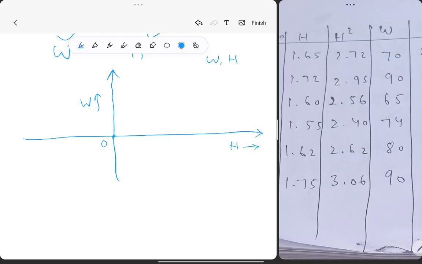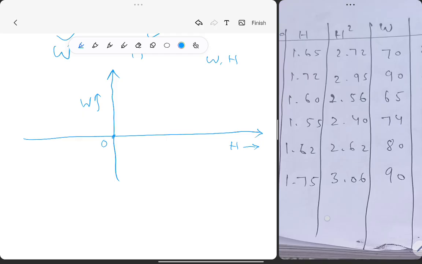So height is 1.65, its square is 2.72, and the weight of the person whose height is 1.65 is 70 kg. Similarly, the weight of the person whose height is 1.72 is 90 kg. The weight of the person whose height is this is 65 kg, and so on.